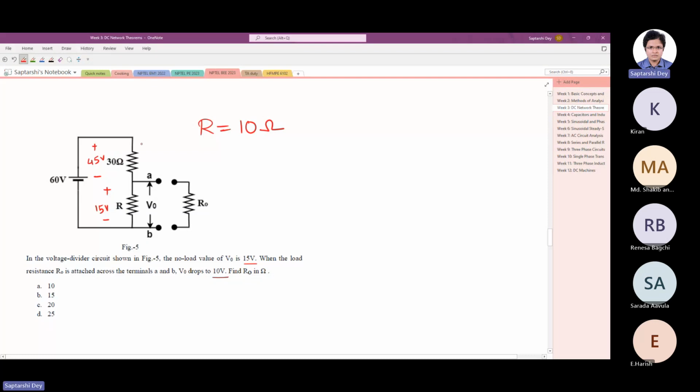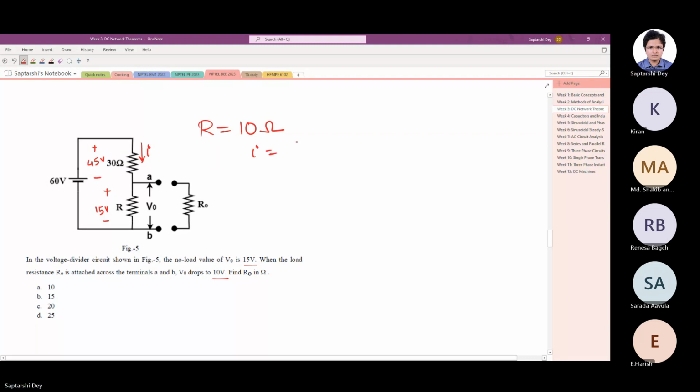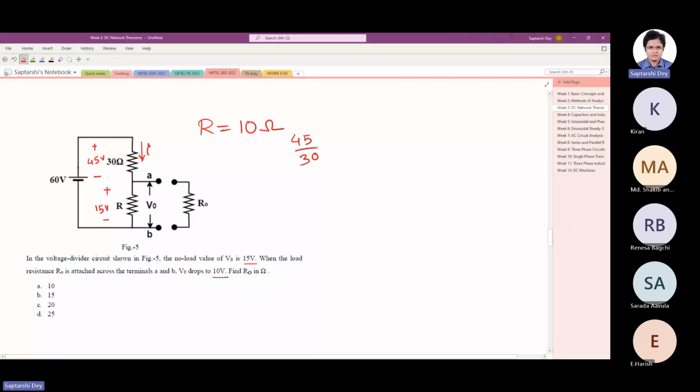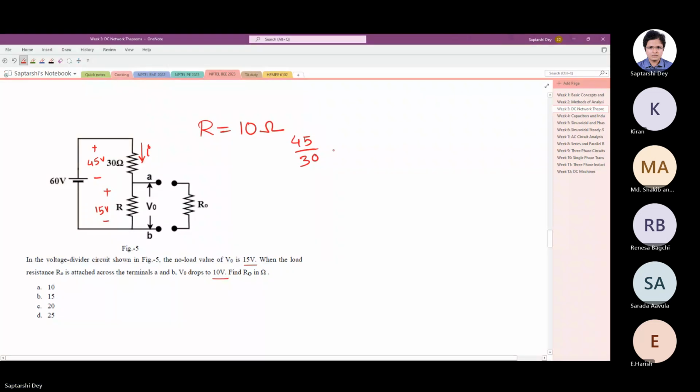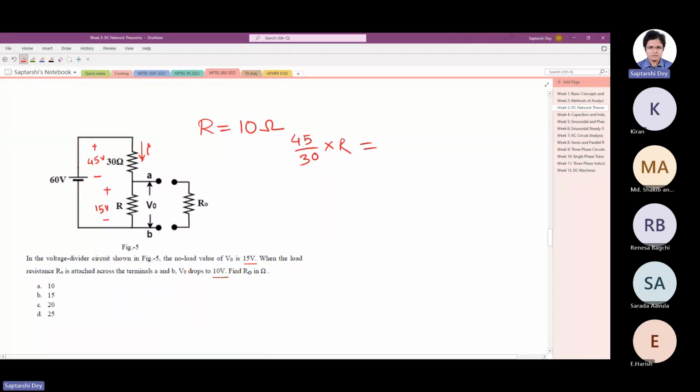Then at no load condition, the current I is 45 by 30. So that much current is flowing through this R and causing a voltage drop of 15 volt. So R you get 10 ohm. This way you can find out.